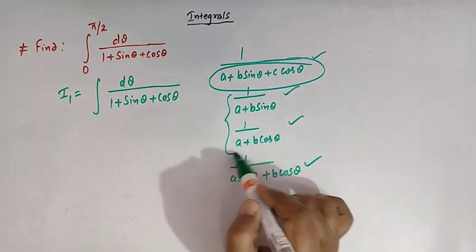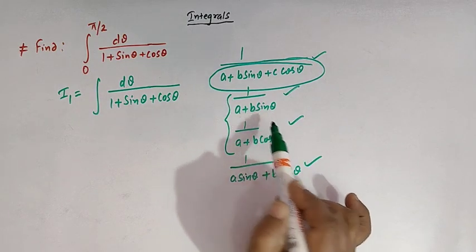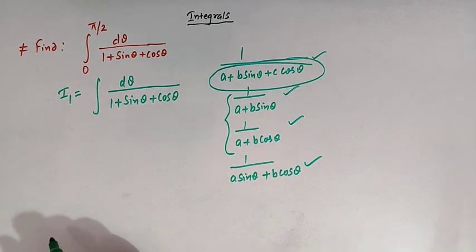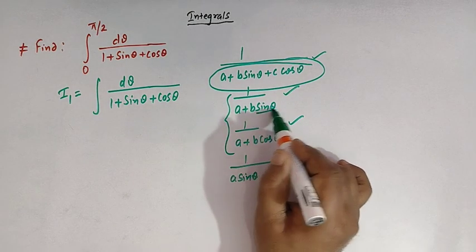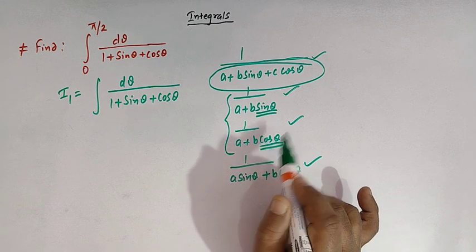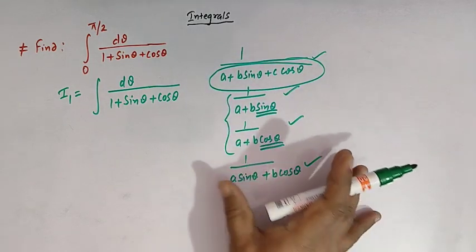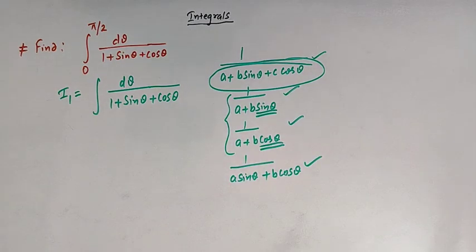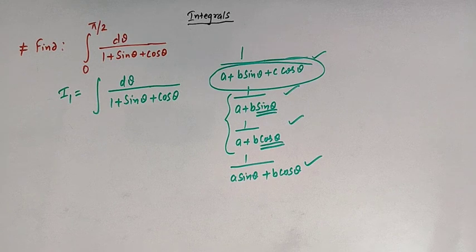But in these two forms, sine theta and cos theta appear singly, right? So here we have only sine theta, here we have only cosine theta, right? So whenever we come across such forms while integrating, then what we do is take a substitution, right?